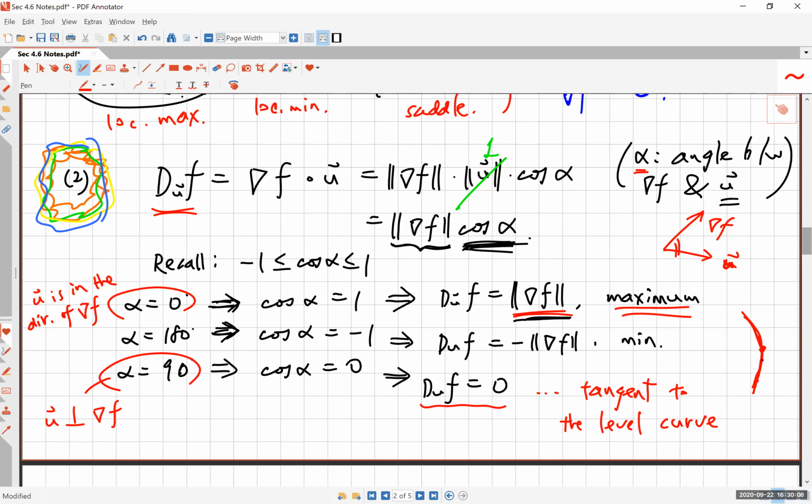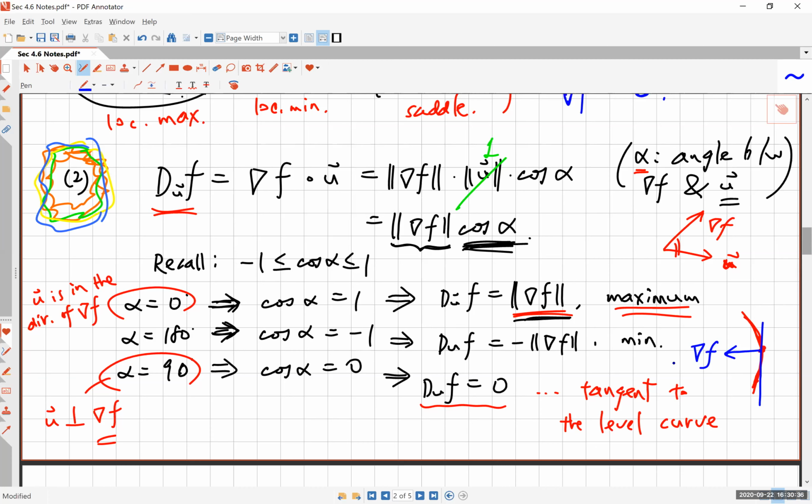Along this line, the value z, f of x y, does not change, which means the rate of change in that direction is 0, right? So this tangent line is perpendicular to the gradient, and the gradient is going to be something like this.